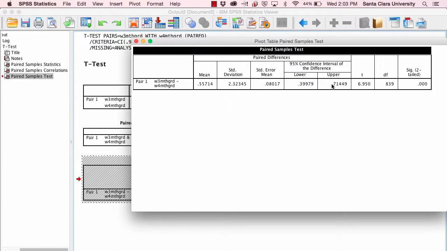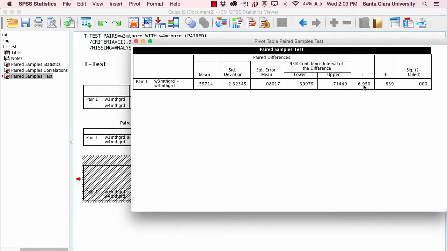And this tells us we're 95% confident that the actual difference between the population means on this variable, math grade, is positive, between about 0.40 and about 0.71. So we expect that there's a difference between the population means on math grades.